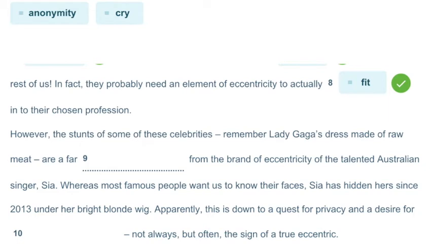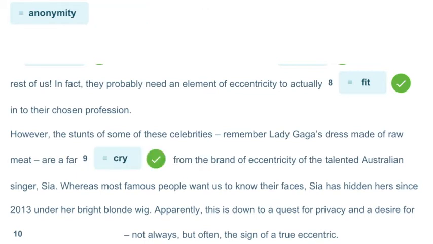Great. However, the stunts of some of these celebrities, remember Lady Gaga's dress made of raw meat, are a far cry from the brand of eccentricity of the talented Australian singer Sia. A far cry means that there's a lot of difference or distance between the two things, all right?